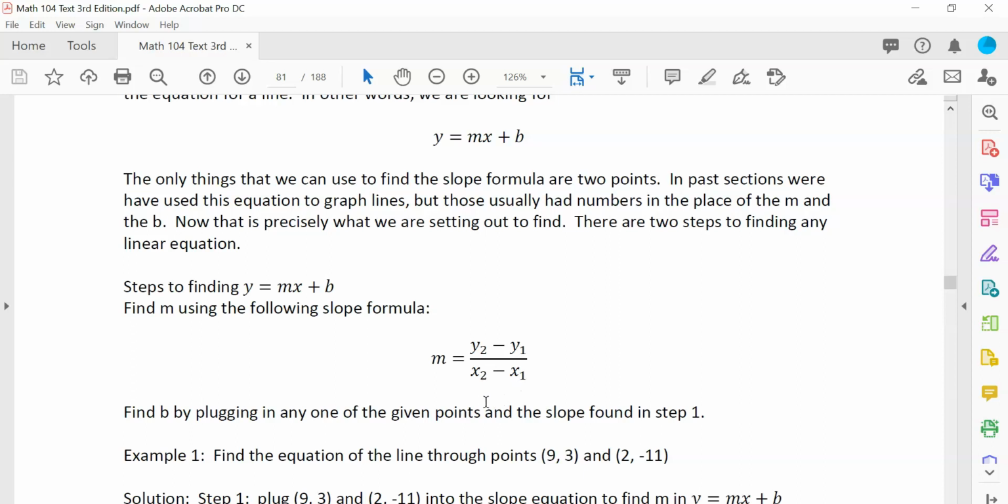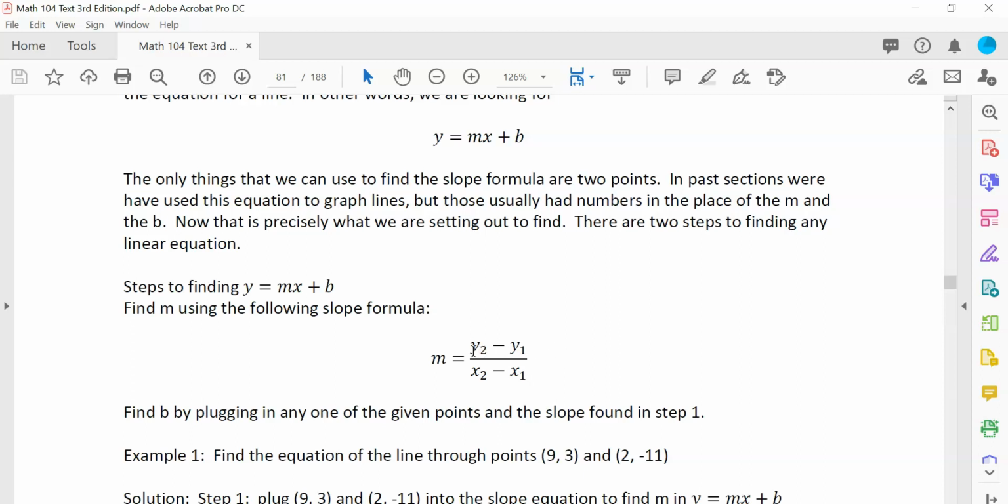Now, don't be too confused. This y2 and x2 just means the y value of the second point and the x value of the second point. This y1 and x1 mean the y value of the first point and the x value of the first point. So those subscripts just mean of the first point or of the second point.